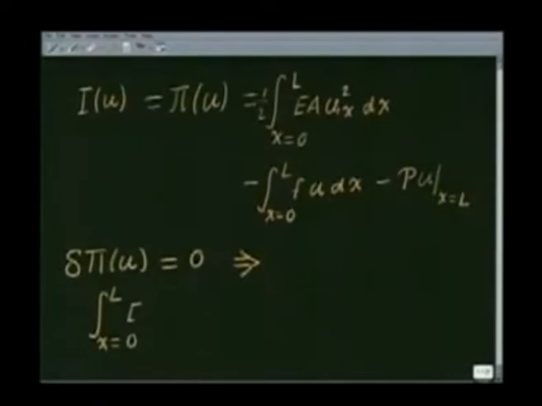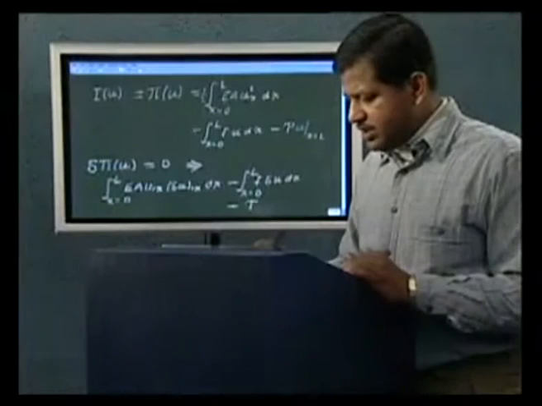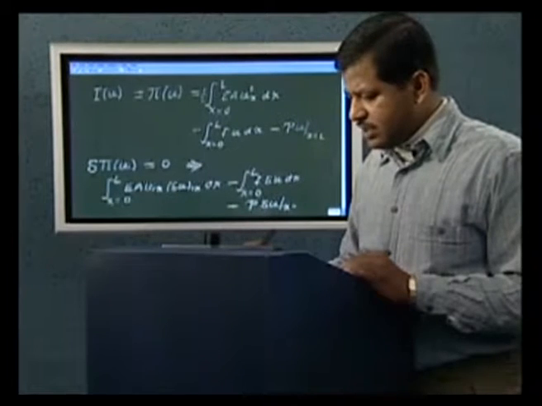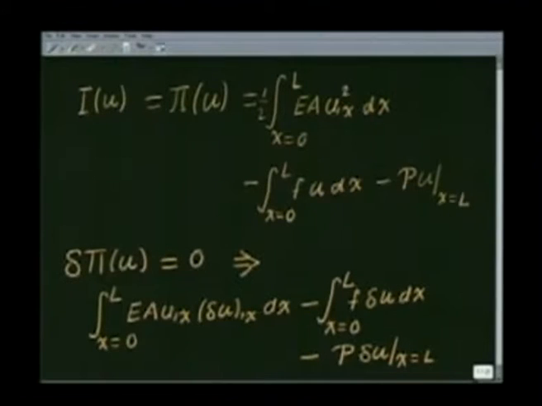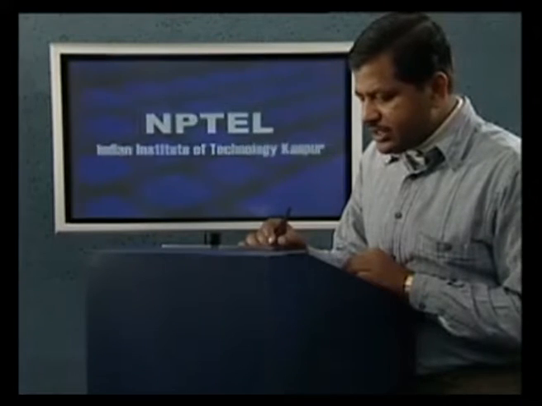This will be equal to the integral of EA u comma x variation of u comma x dx, minus the integral from x equal to 0 to L of f variation of u dx, minus P variation of u at x equal to L. So remember that we had said that the variation of this quantity half of EA (u comma x) squared was as if I have taken the derivative of this expression with respect to u, and so the half goes and we get the integral of EA u comma x variation of u comma x dx, minus this.